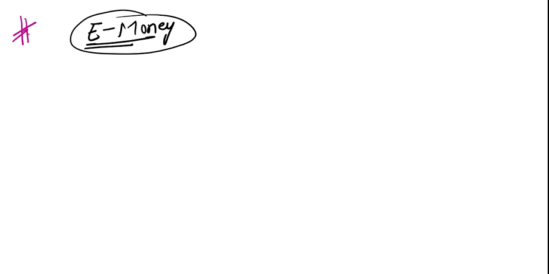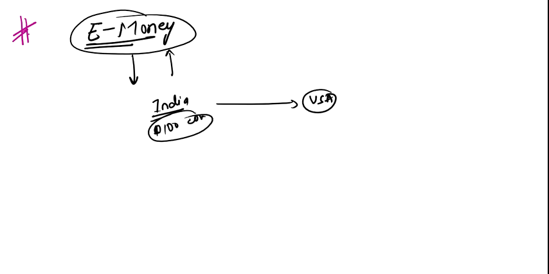Clear? Similarly, liquidity risk with respect to e-money: suppose I want to sell the e-money, but the other person does not want to purchase it. Clear? So there will be a liquidity crunch. Similarly, we have the issue of foreign exchange risk: if in India you are having 100 coins and you want to spend them in the USA, the worth of these coins will change in the USA because of the currency exchange rate.